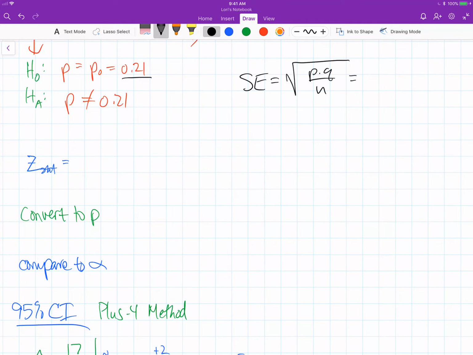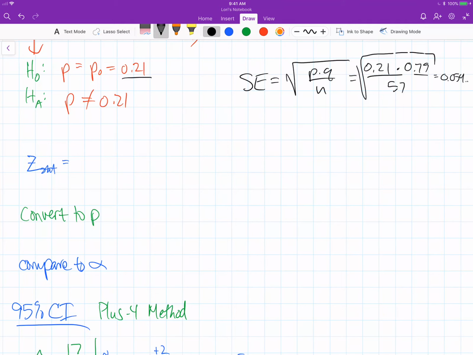In this particular case, we have 0.21 times 0.79 divided by 57, and we take the square root of it, and we end up with 0.054, and I'll just put dot dot dot because that includes some rounding.